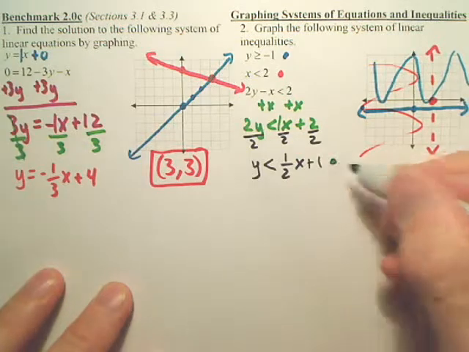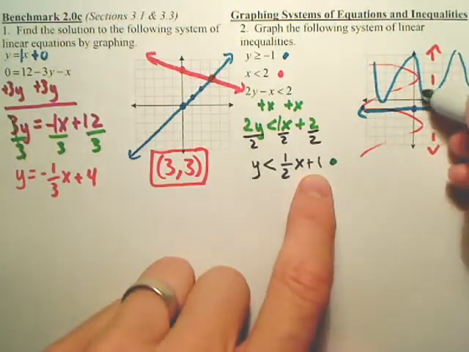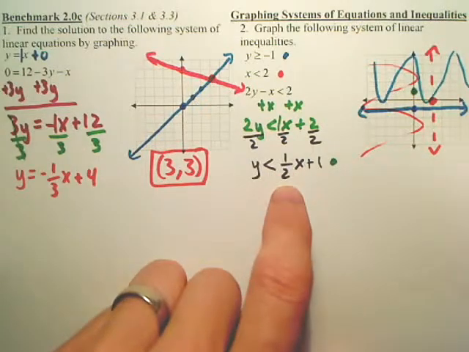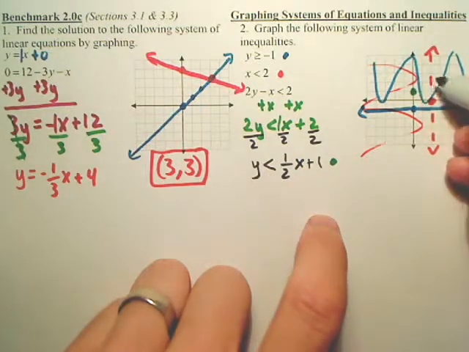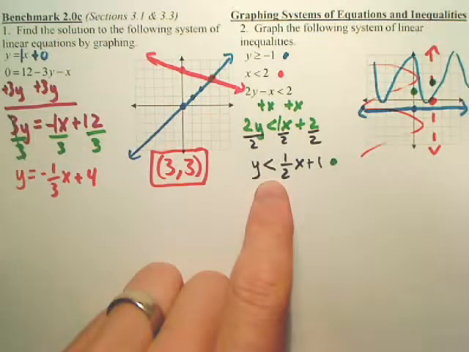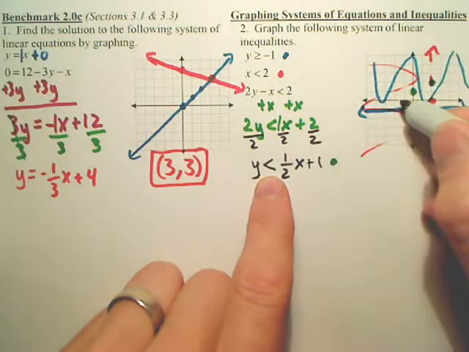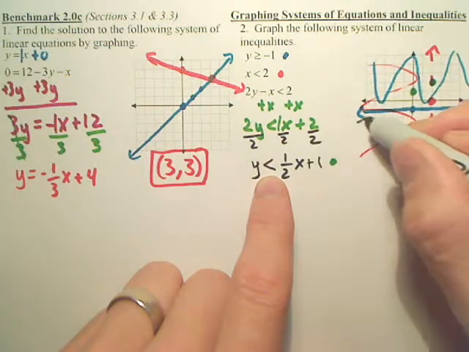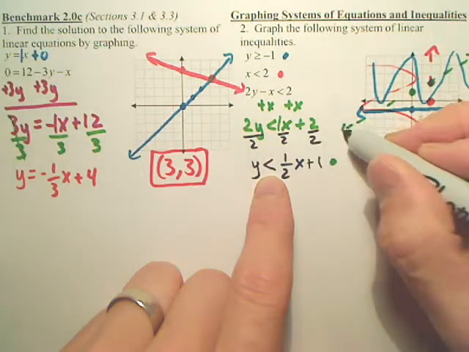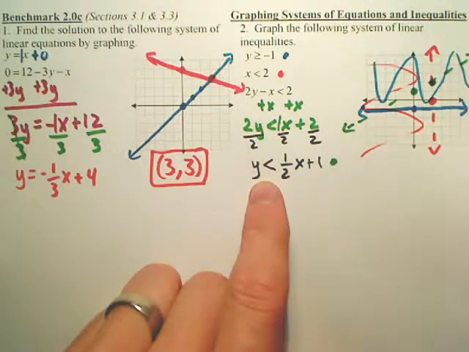So let's graph this one. I'm going to do it in green. This one begins at 1, and it looks like it goes up 1 over 2. So up 1 over 2. And it is a dotted line because it's just less than. And it is less than.